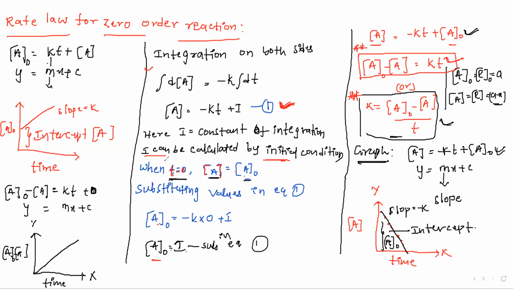Is it clear? Actually, after integration of both sides, we'll get this formula. This is the formula of the derivation of zero order reaction, and this is also zero order reaction. When it comes to the graph, the first equation we are taking, the molar concentration of A is equal to minus kt plus A naught.